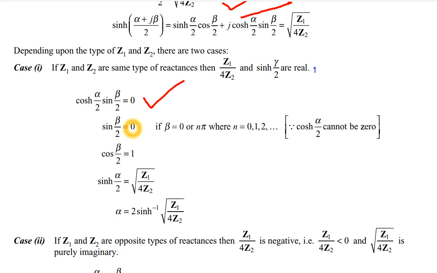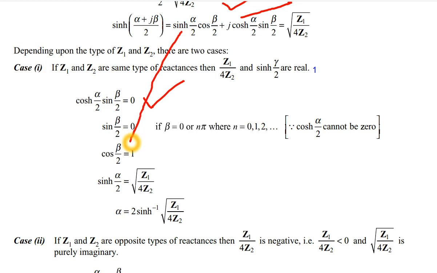Then when it is 0, what it means is cos beta by 2 is equal to 1, because when sine beta by 2 is equal to 0, cos beta by 2 will be 1. Then sinh alpha by 2 will be equal to square root of Z1 by 4 Z2, because I'm substituting cos beta by 2 equal to 1 in this.